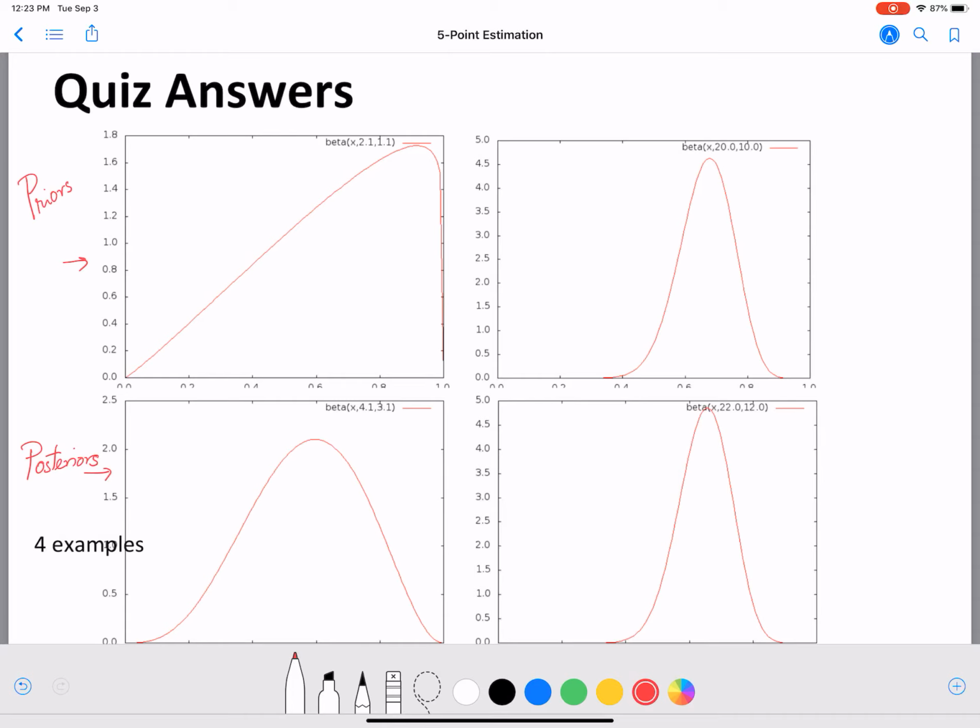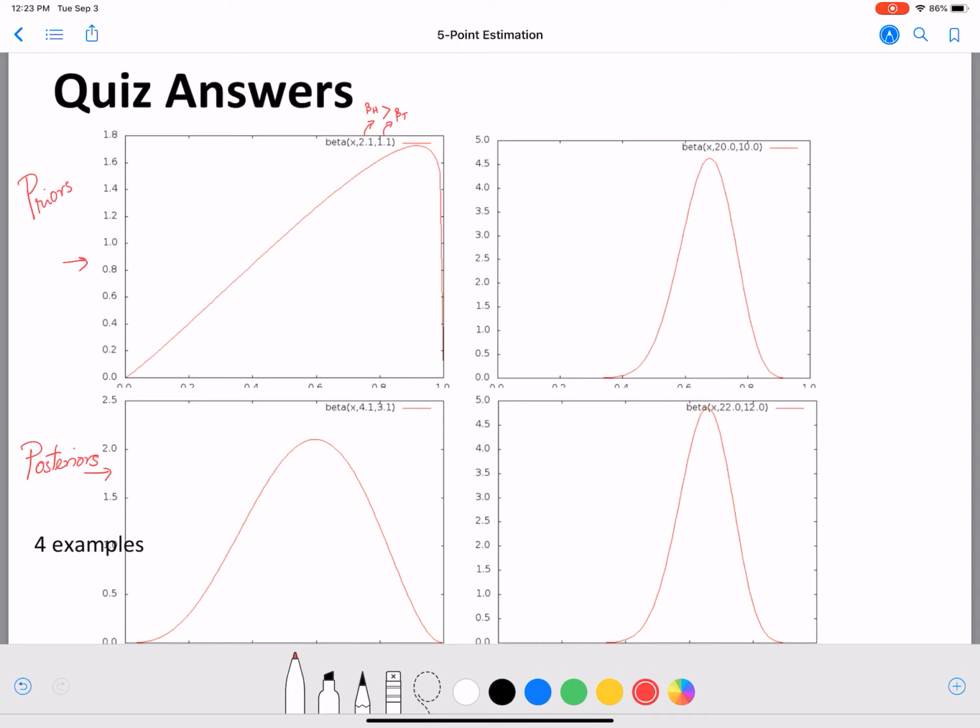We saw that if the beta h value is greater than beta t, the curve shifts to the right, and the peak of the curve occurs more towards the right if beta h is greater than beta t.